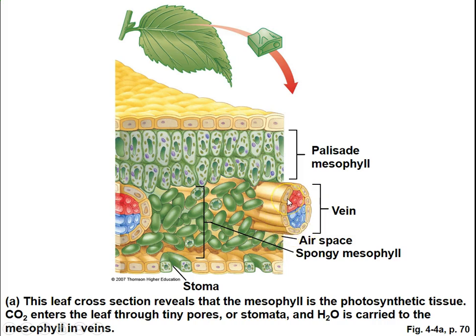They do not have chloroplasts. Now, towards the end of the chapter, we'll see some variations on this, where there are certain types of plants where you do have chloroplasts in the bundle sheath cells, but about 70% of plant species are like this right here. They do not have chloroplasts in the bundle sheath cells.